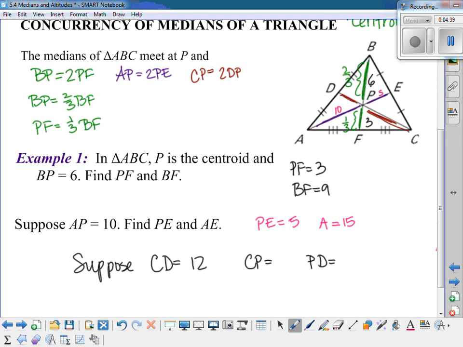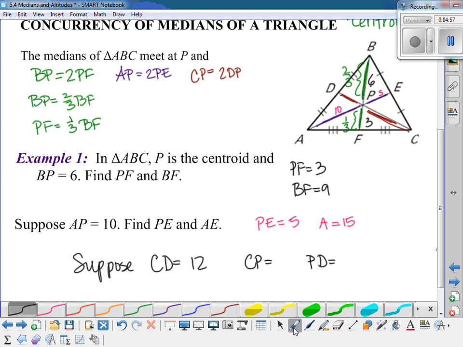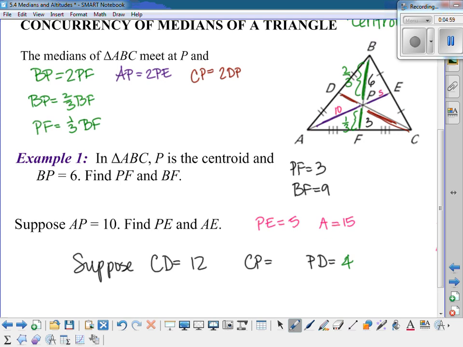Pause the video if you have to. So if the whole thing, CD, is 12, I have to cut it into 3 pieces. And the smaller piece, PD, is just one of the pieces, so that's going to equal 4. And then CP is 2/3 of that, or twice as many, so CP would equal 8.